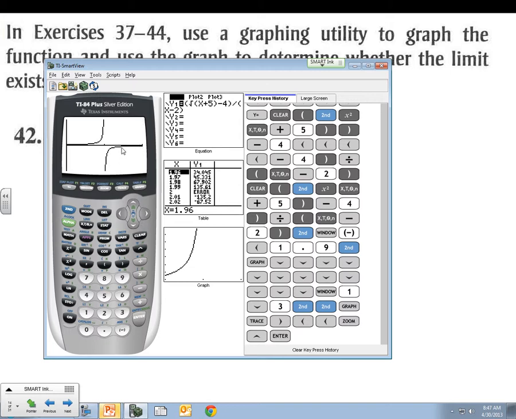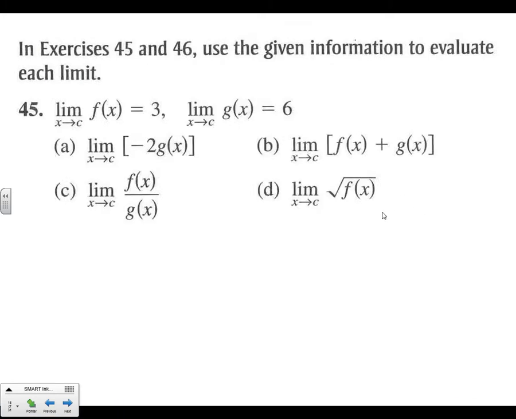Aha! So as we approach 2, from the left, we're going to positive infinity, going up forever. From the right, we're going to negative infinity. We're going to opposite directions, so this does not have a limit. No limit, because as we approach from the left and from the right, we get different values. Okay? So no limit for 42.